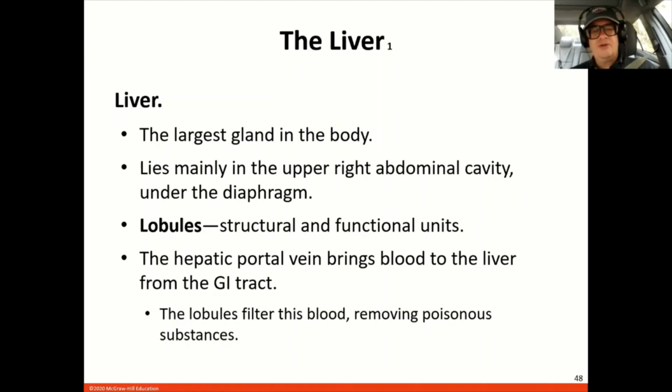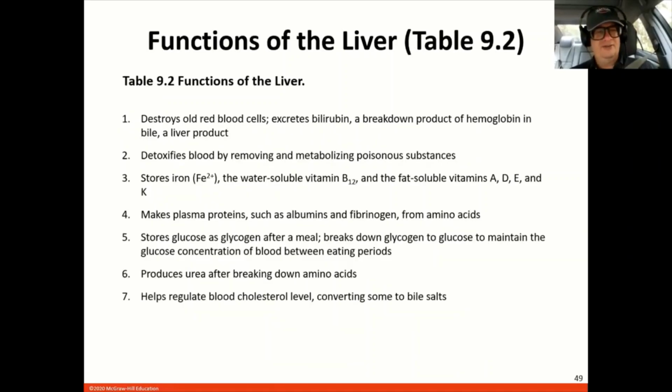The hepatic portal vein is taking blood from the digestive system that just got filled with all kinds of nutrients, but it probably also got filled with some bad things. It takes that blood, filled up with nutrients and bad things, to the liver so the liver can filter out the ickiness. All right.